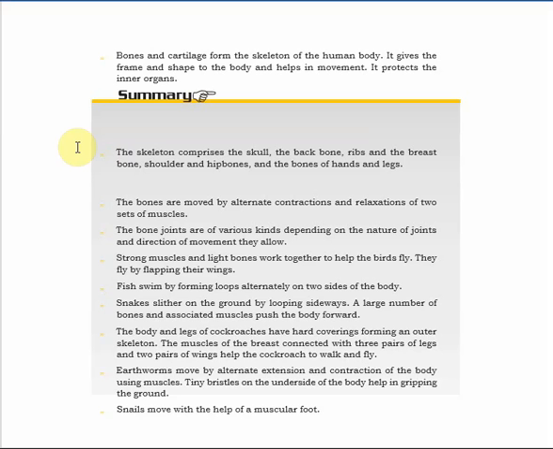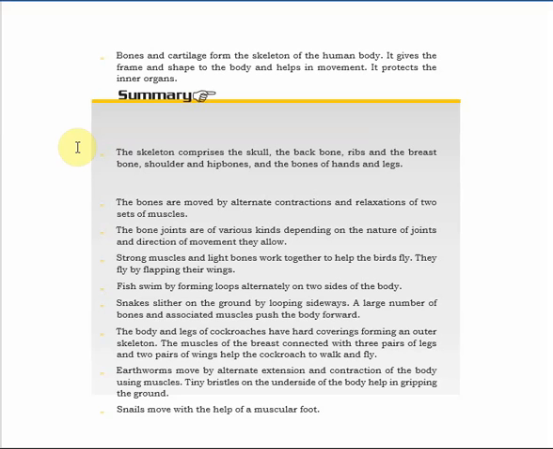The muscles of the breast connected with the three pairs of legs and two pairs of wings help the cockroach to walk and fly. A cockroach can walk on the ground and can fly to a certain distance also. So while walking as well as flying, its legs and wings are helpful.